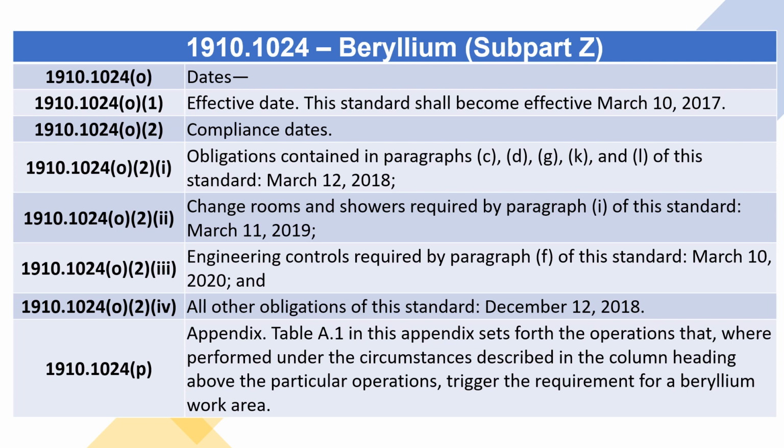Obligations contained in paragraphs C, D, G, K, and L of this standard, March 12, 2018. Change rooms and showers required by paragraph I of this standard, March 11, 2019. Engineering controls required by paragraph F of this standard, March 10, 2020. And all other obligations of this standard, December 12, 2018.